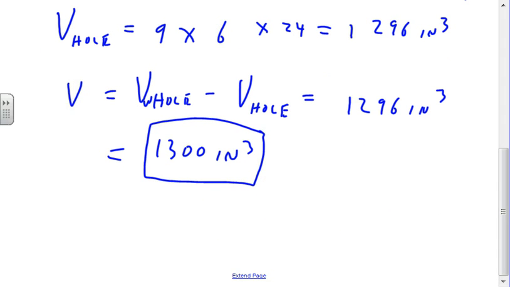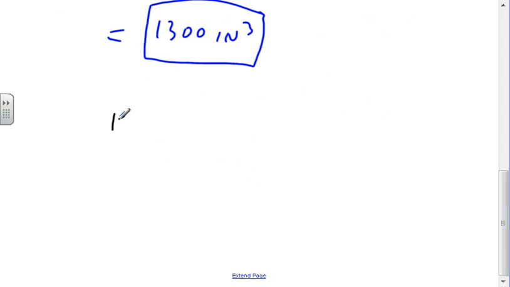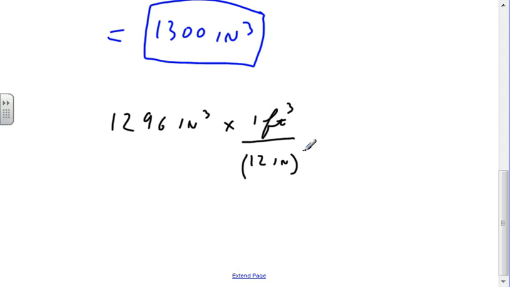All right, now the second part wants to know, lead weighs 780 pounds per cubic foot. Okay, well, now we have to figure out how many cubic feet I have. So I have 1296 inches cubed, and that's going to be 1 cubic foot per 12 inches cubed.